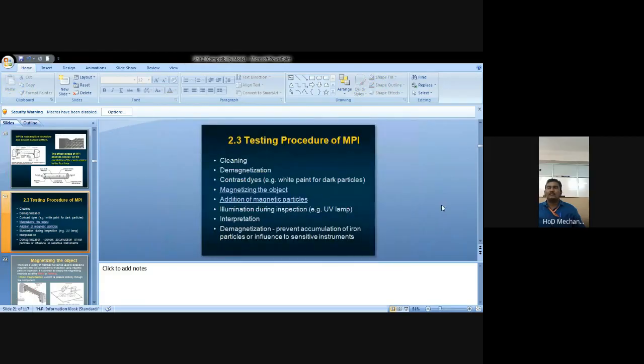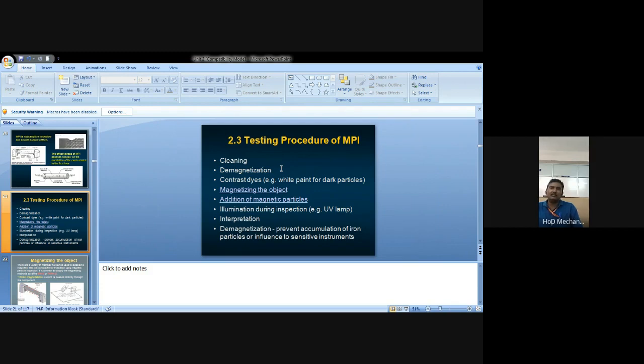The procedure of magnetic particle inspection. Before making a testing or inspection of the given specimen, we have to clean the surface of the testing specimen. That is the first procedure for testing, the preparation of the testing specimen.